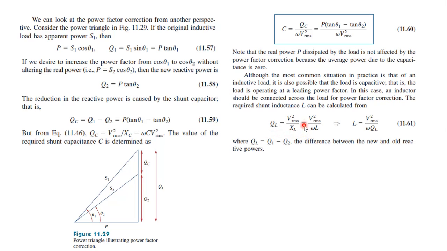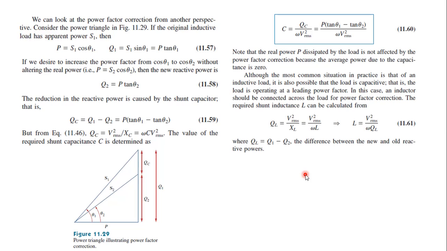QL is equal to Vrms squared by XL, which is equal to Vrms squared by omega L. So from this, L is equal to Vrms squared by omega QL, where QL will be equal to Q1 minus Q2, the difference between the new and old reactive powers.